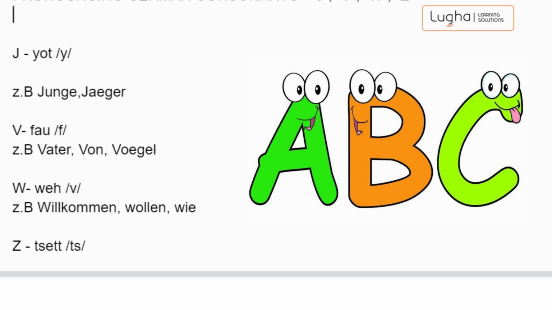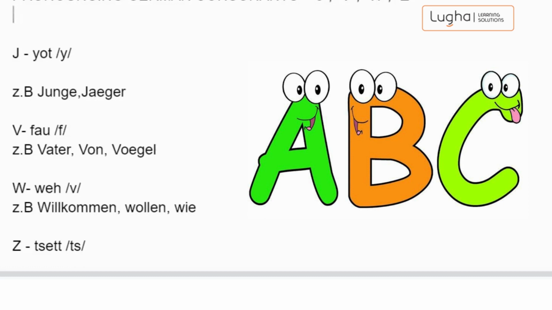So basically what we are saying is that these consonants are important for you to know how to pronounce in German, because they're not pronounced in the same way that you would in other languages. In this case, the languages I'm referring to would be English and Swahili for our Swahili-speaking audience. The ones that you need to take very keen note of are J, V, W, Z. In this video, we have talked about J, which is called Jot, and it's pronounced as Y. For example, Junge, Jäger.